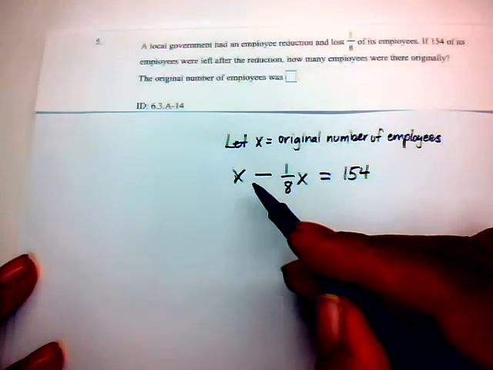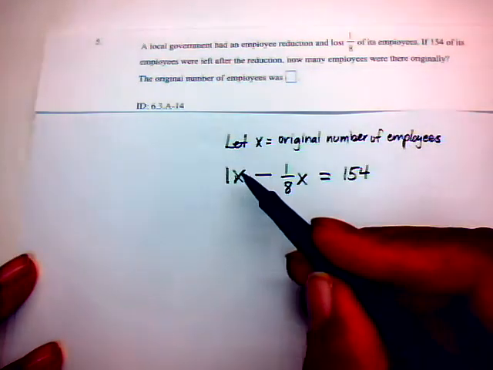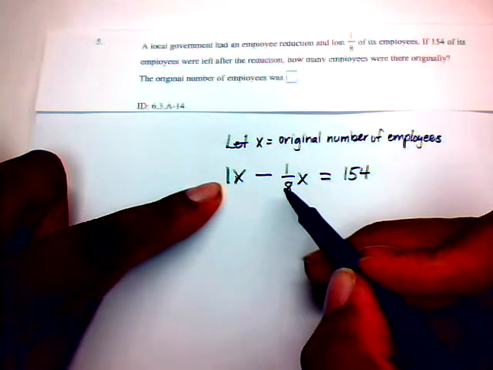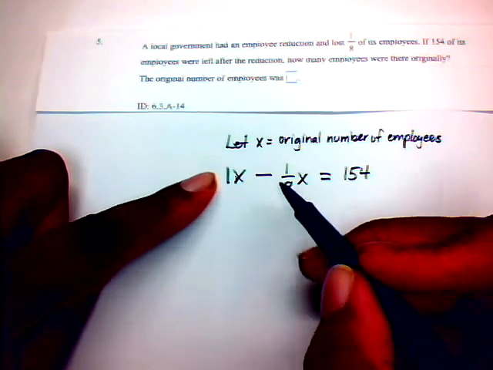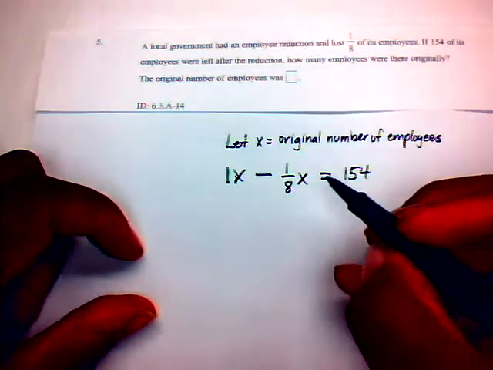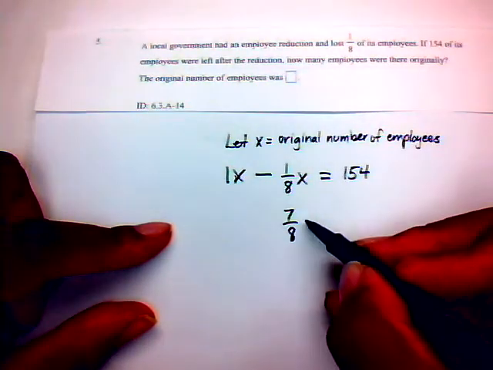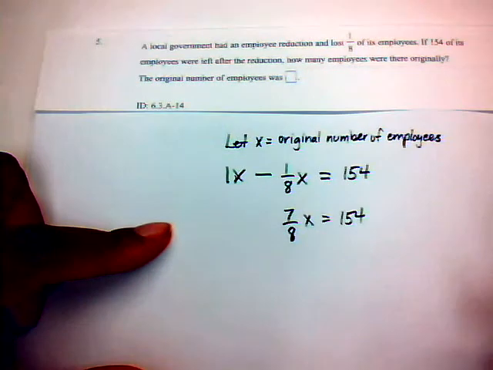Okay, now we need to simplify this. You're going to have to think of x as 1x. Now we subtract 1/8 from 1 whole. There are 8/8 in a whole, so 8/8 minus 1/8 is 7/8. So here that's 7/8 x equals 154.